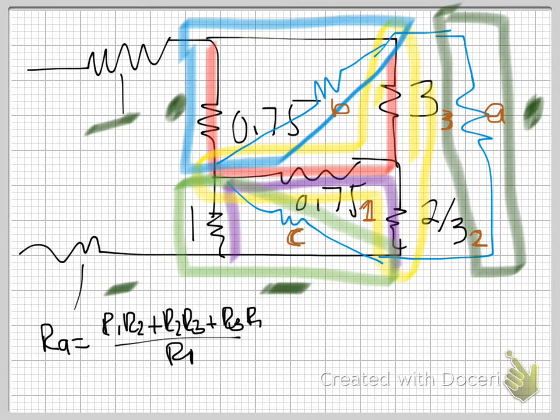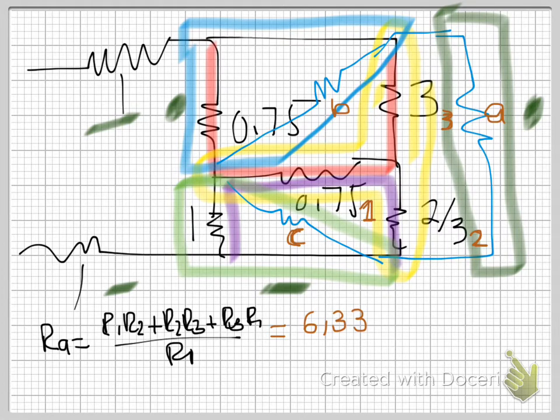So this gives us a value of RA: 0.75 by 3 plus 0.75 by 2 over 3 plus 3 by 2 over 3, divided by our R1, which is 0.75. Okay, so RA will be 6.33.